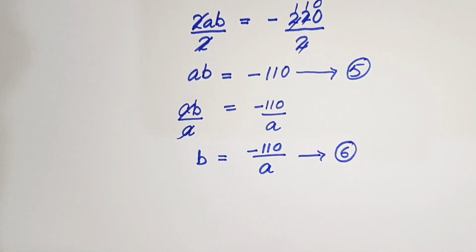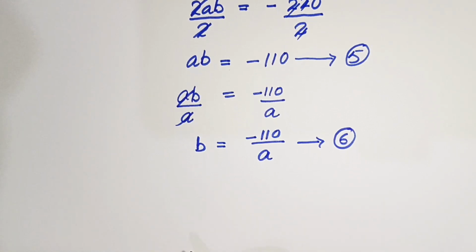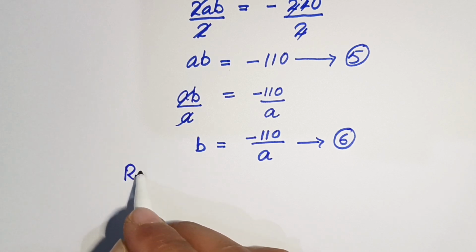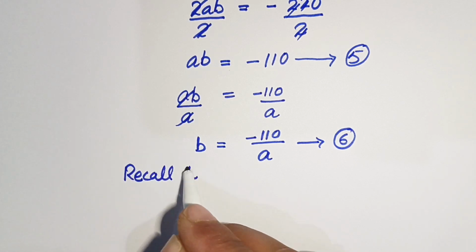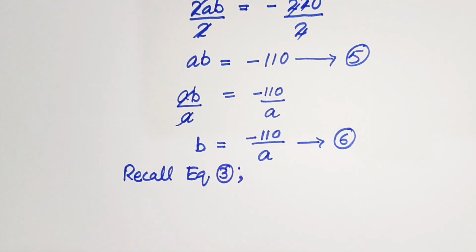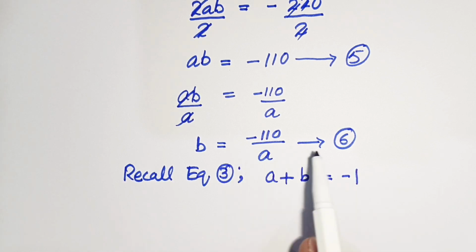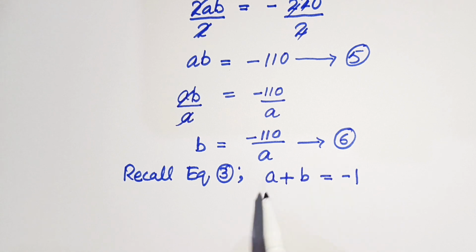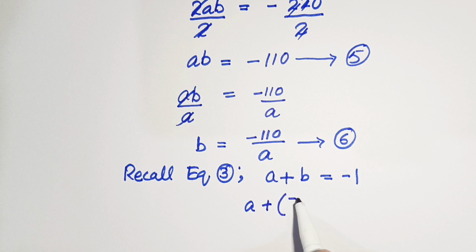Now, recalling our equation 3, which is a very important equation that we use again and again: a plus b is equal to minus 1. If we put the value of b from equation 6, then we have a plus (minus 110 over a) is equal to minus 1.